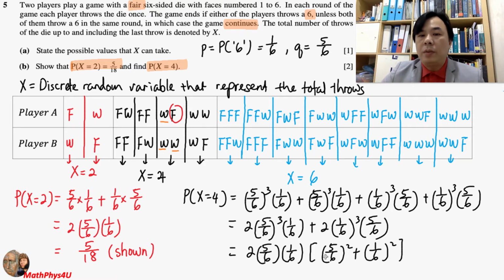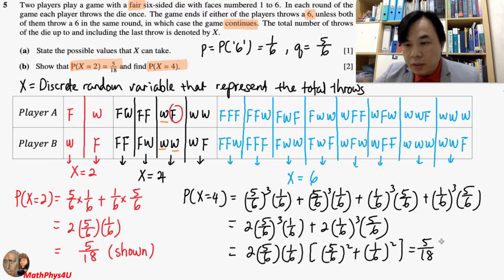And then there you have it. Now you notice that the first term is actually 5 over 18. So therefore we can write down 5 over 18. And then this term here, if you simplify that, is actually 26 over 36, which is 13 over 18.